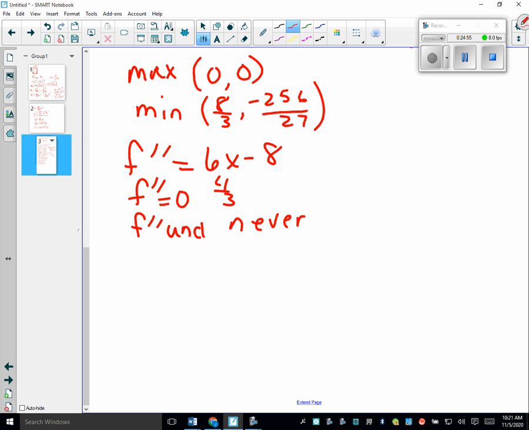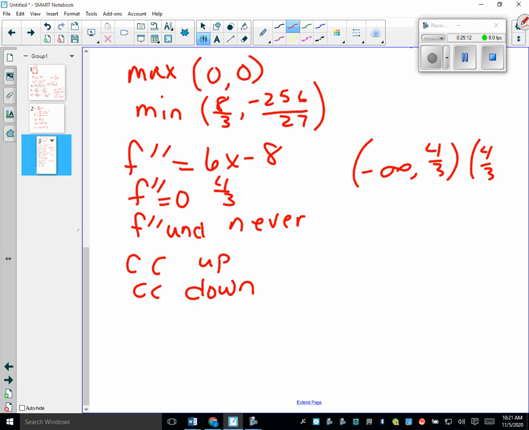How about concave up and concave down? Don't I have negative infinity to 4/3 and 4/3 to infinity? You understand where that came from?